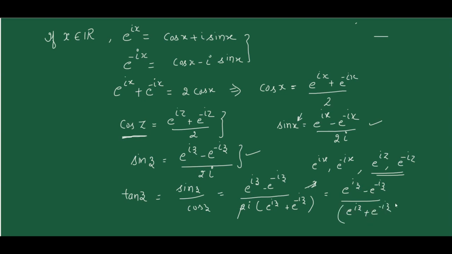Similarly, you can find the representation of cotangent z, cosecant z and secant z. These are the basic formulas for circular functions of complex variables.